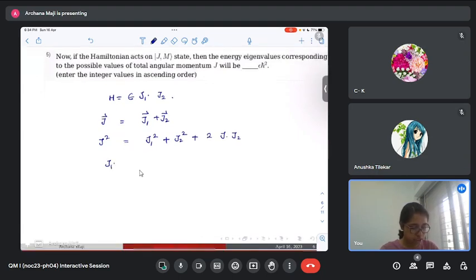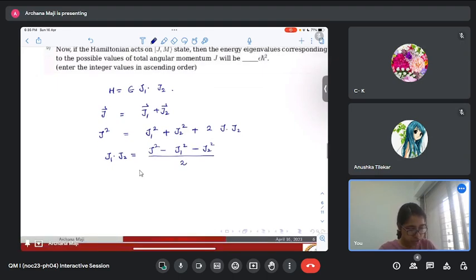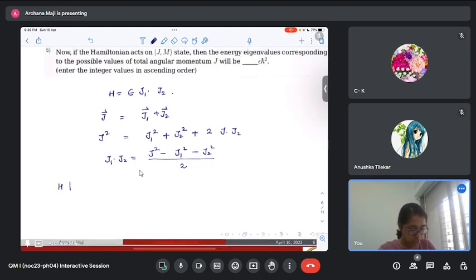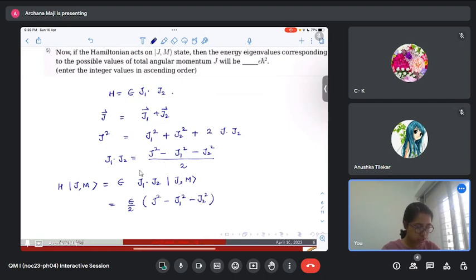So J1 dot J2 is J square minus J1 square minus J2 square, divided by 2. So the Hamiltonian acting on |J, m> is epsilon times half of J square minus J1 square minus J2 square acting on |J, m>.